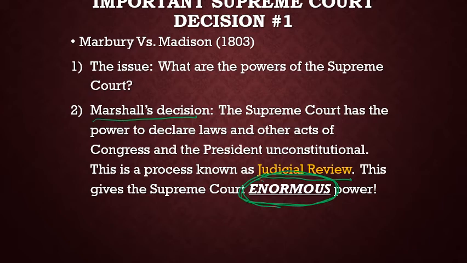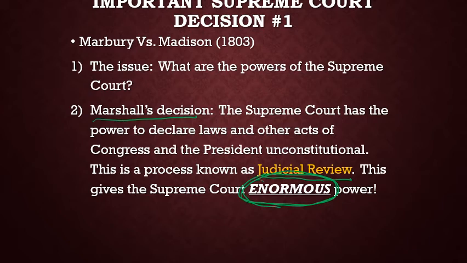Remember, it is the job of the judicial branch to interpret the law. In other words, when members of the court sit down and look at cases and look at laws, they say, what is the precedent for this case? What do I have to look at to determine the legality of a particular law?